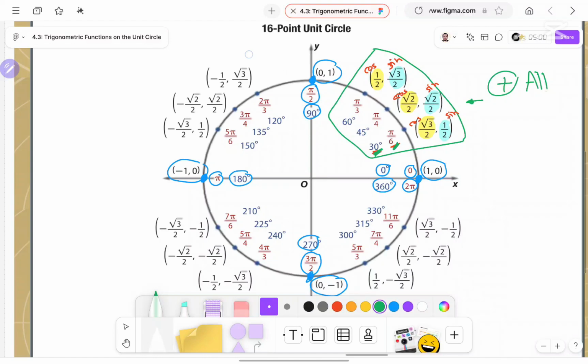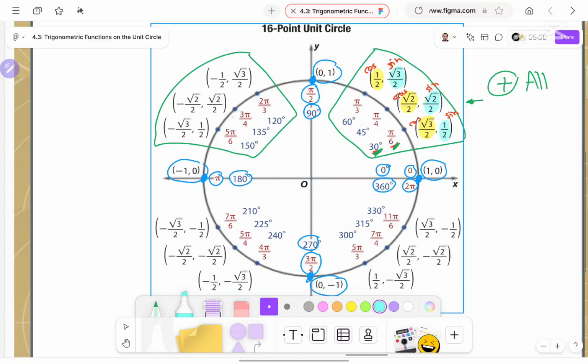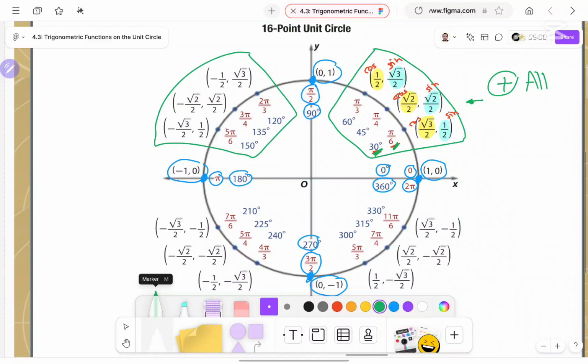Now let's go to quadrant 2. So quadrant 2, we need to memorize this. And if you look at the point, it's also similar to this point. For example, let's remove the numerator. Pi over 3, which is this one here. Look at this one. It's similar to pi over 3, one half, square root of 3 over 2.